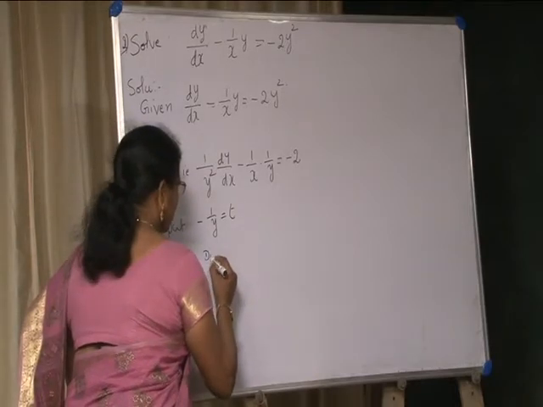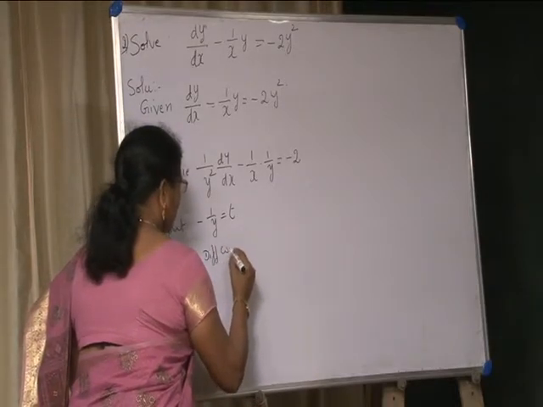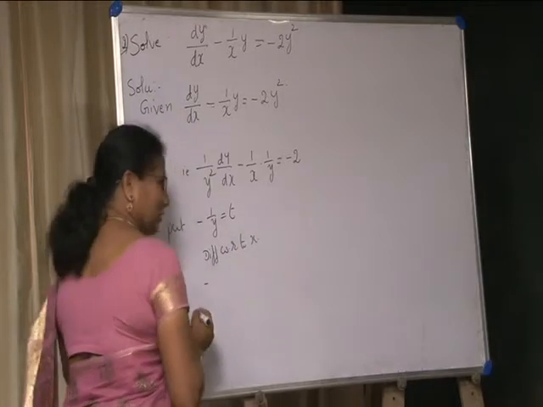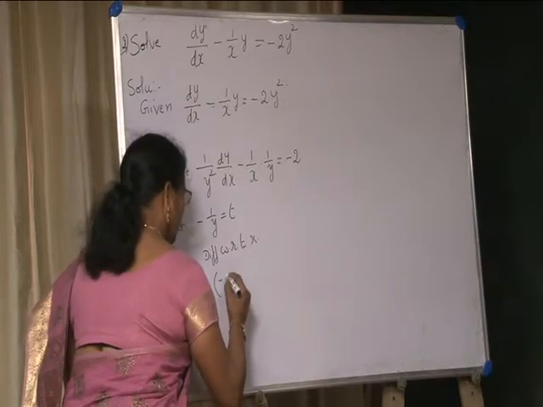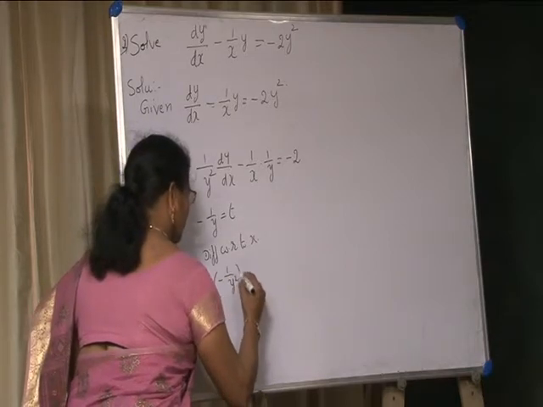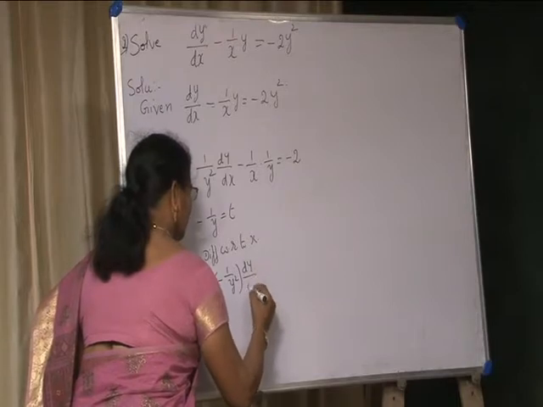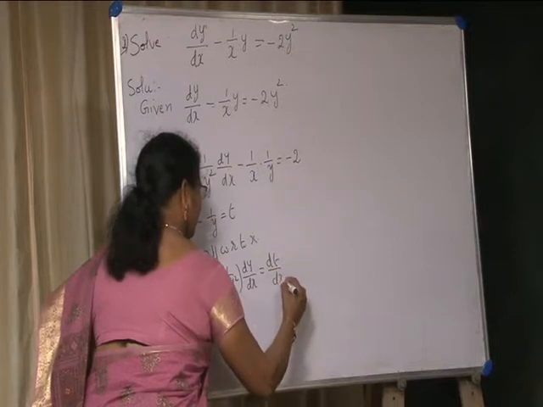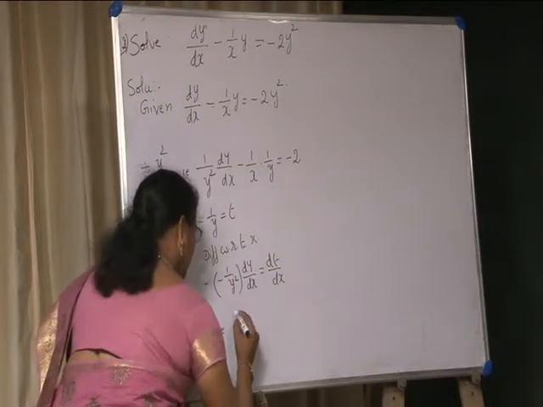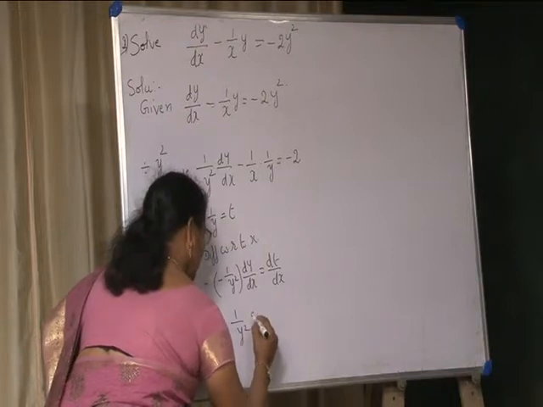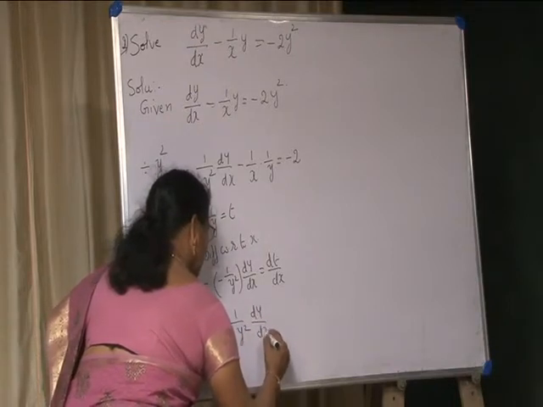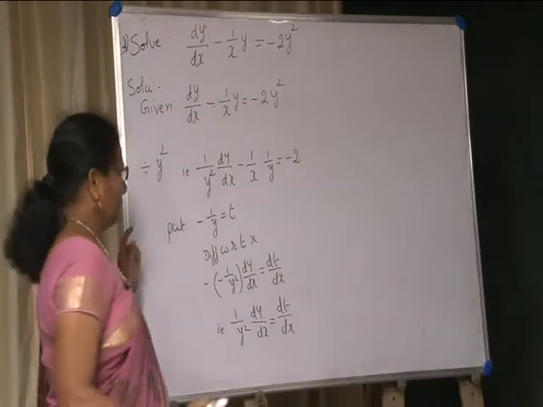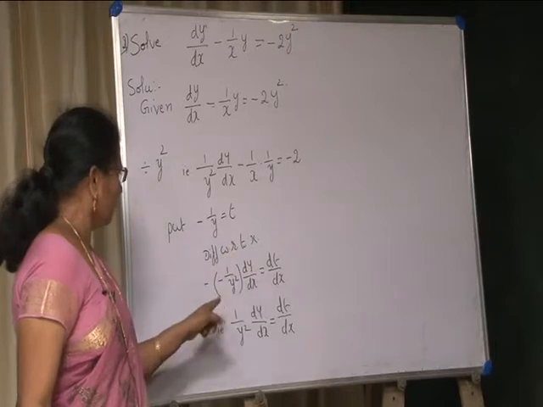Differentiate with respect to x. Minus is there. Minus 1 over y squared dy by dx is equal to dt by dx. That is, minus into minus is plus, 1 over y squared dy by dx is equal to dt by dx. Look here friends, here minus 1 over y is there.